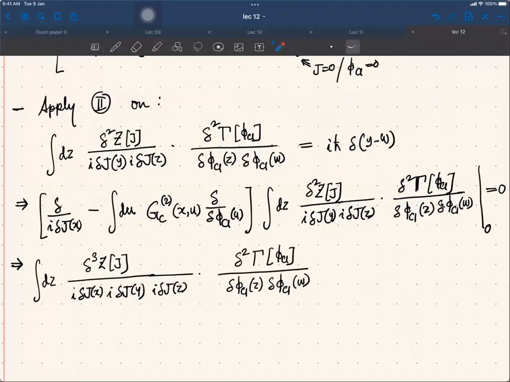That is the second factor. Then calculate it at 0.